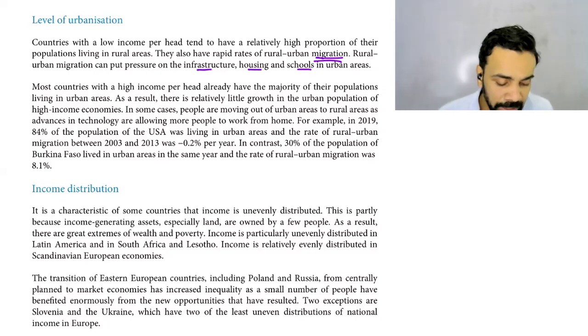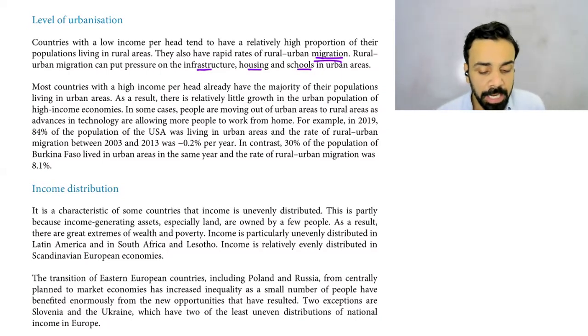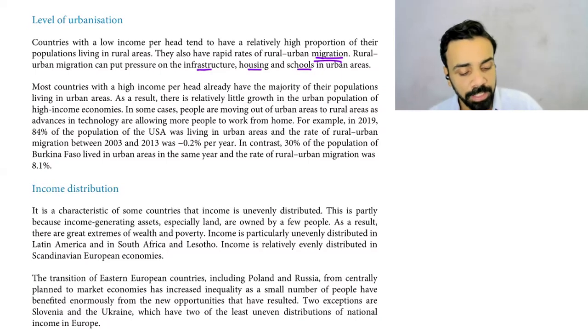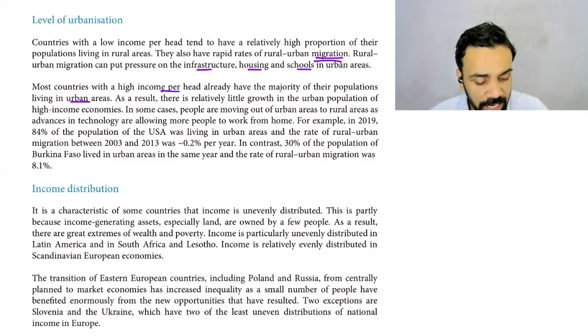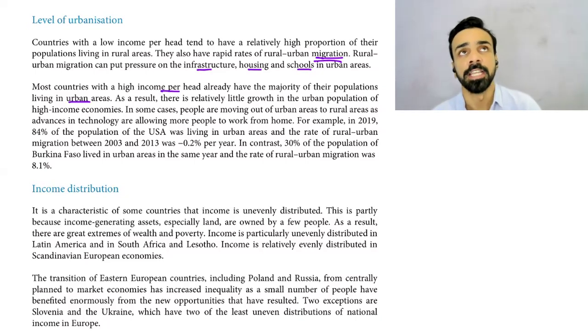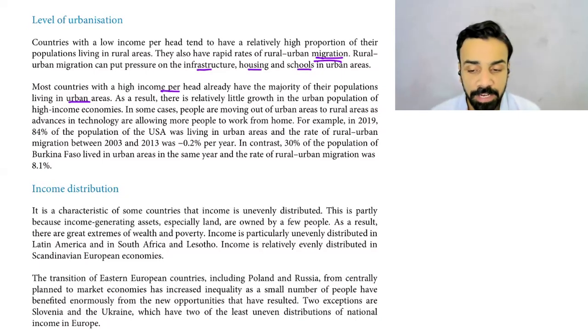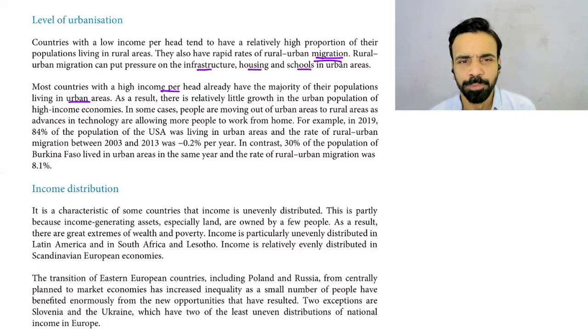बट हमने ये भी देखा है हाई इनकम इकोनॉमीज के अंदर where there is a high urban area population, which unfortunately the problem they face is that the living is very expensive in the urban areas and too much pollution.